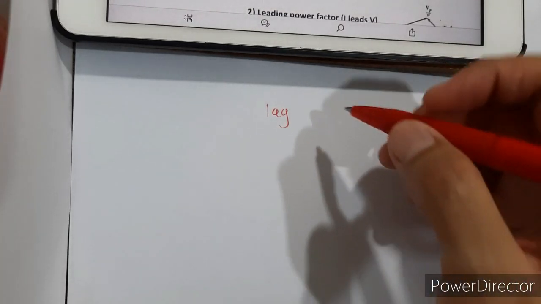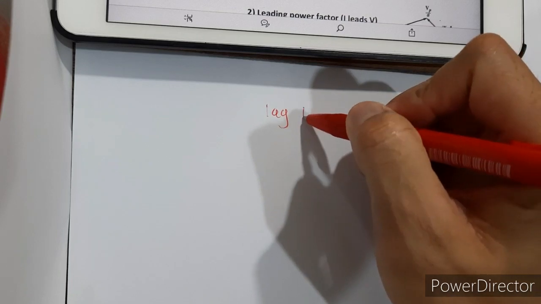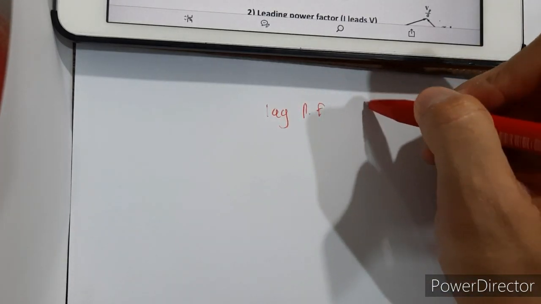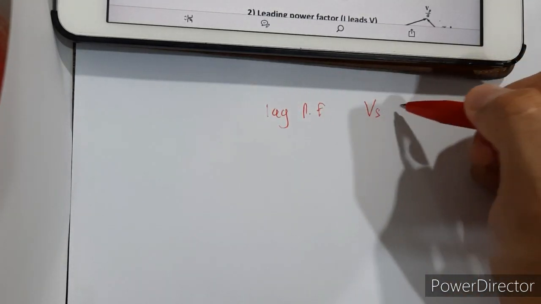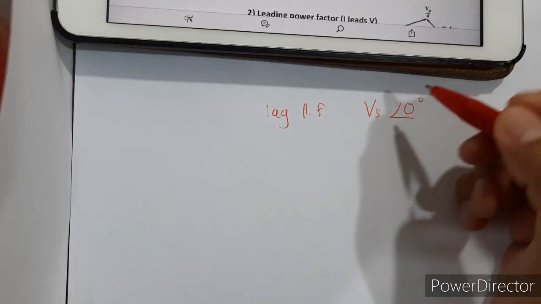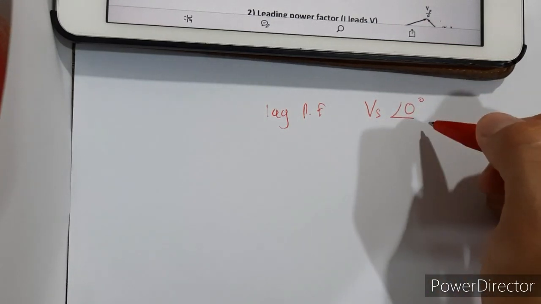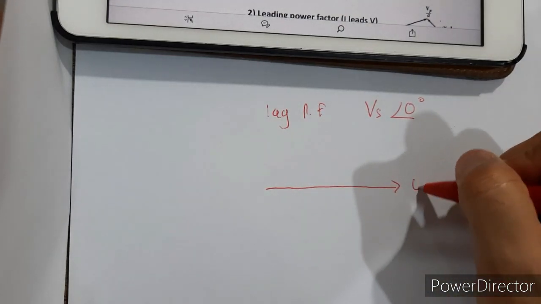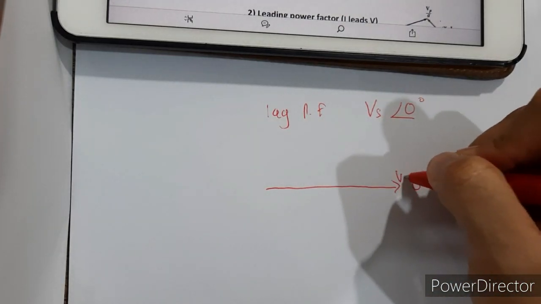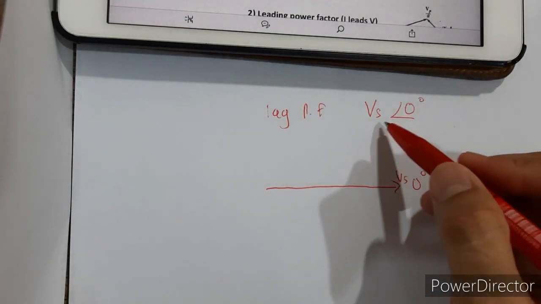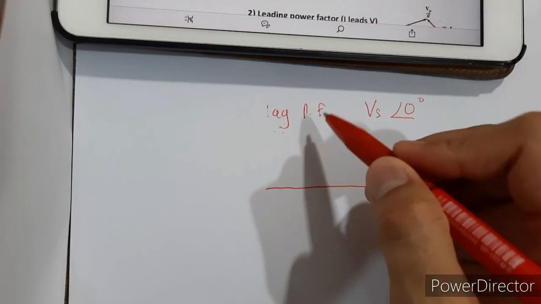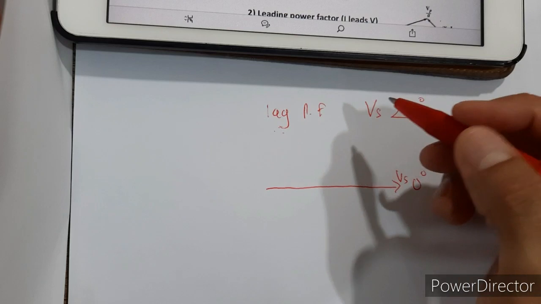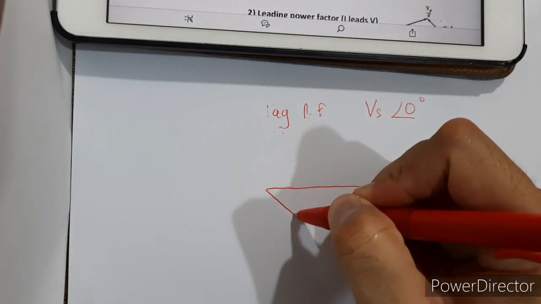Firstly, let's consider the lagging power factor. We know that VS, the secondary voltage, is at 0 degree, so you draw VS. This is 0 degree, this is VS. And then because it is lagging, we know that the current lags the voltage by theta, so you draw the current.